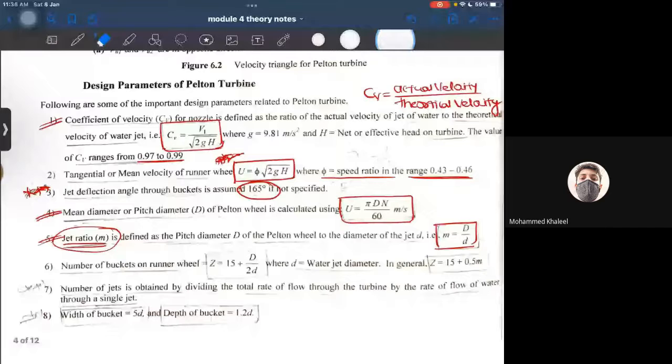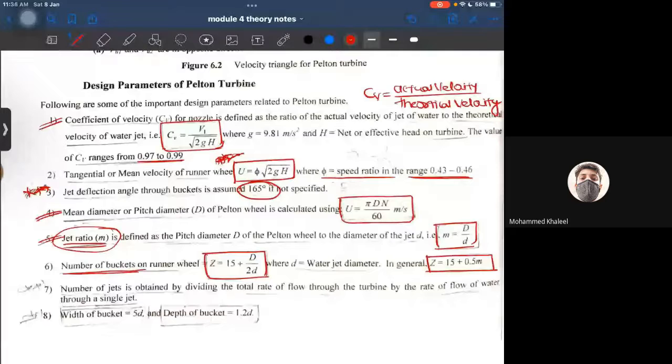If you want to calculate the number of buckets required, you can use this formula: Z is equal to 15 plus D by 2d. Now you already know that capital D by small d is m, so this changes to 15 plus 0.5 m, since 1 by 2 is 0.5. Either of the expressions you can use to calculate the number of buckets.